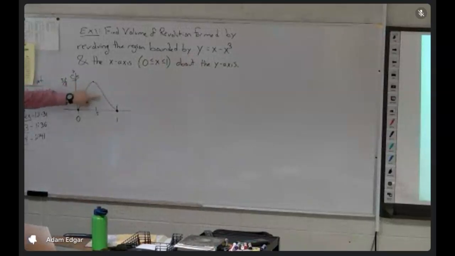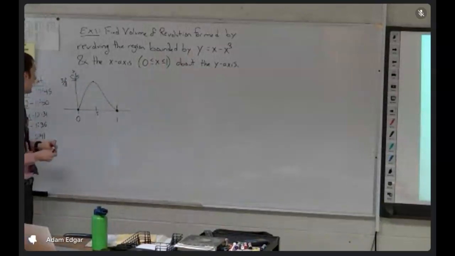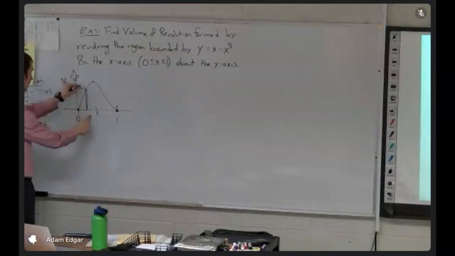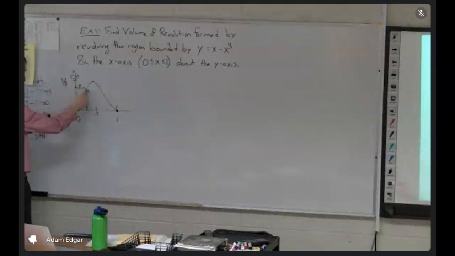So this is where we try to do shells instead. With shells, we have a rectangle running parallel to the axis of rotation. Our radius is still the distance from the axis out to there, from 0 out along the x-axis. So this is just going to be x, where you are, minus 0, because that's the axis of rotation.